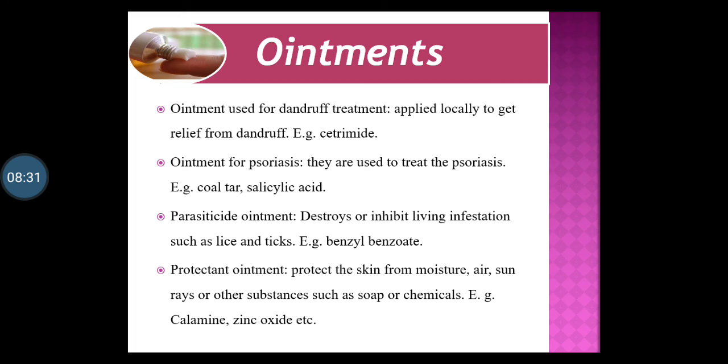They protect the skin from moisture, air, sun rays or other substances such as soap or chemicals. Examples are calamine, zinc oxide, silicones, titanium dioxide, etc. which are incorporated in such type of ointment as protective agents.